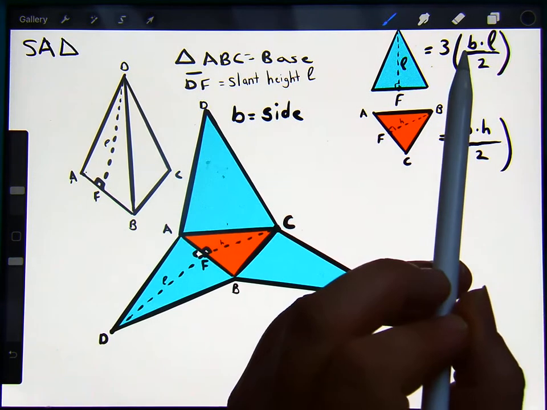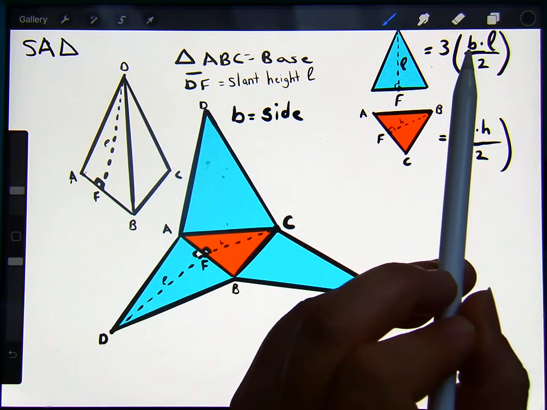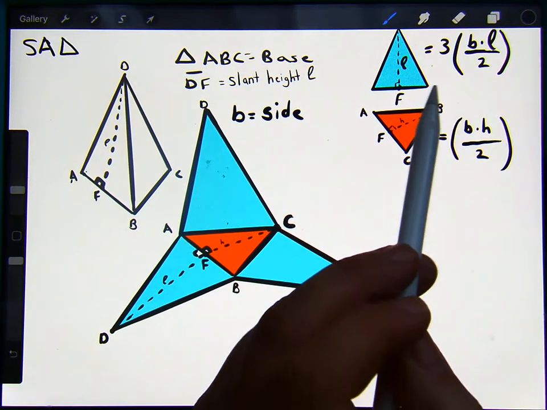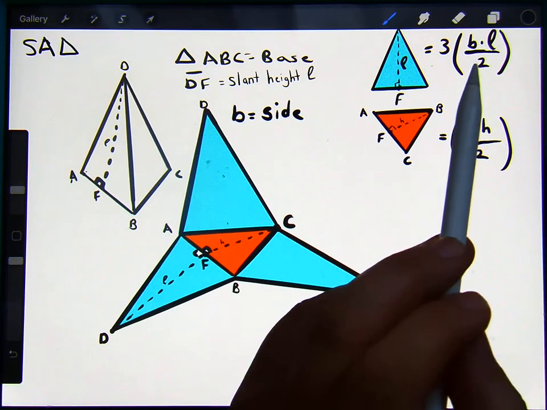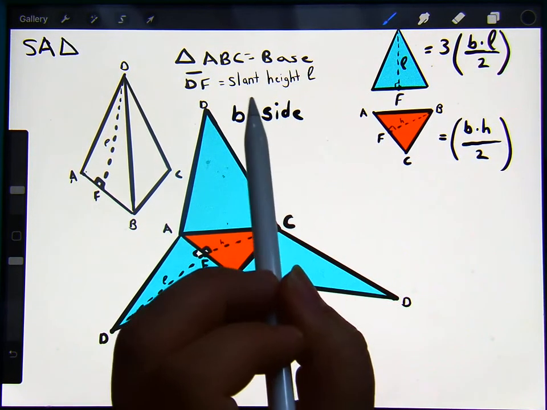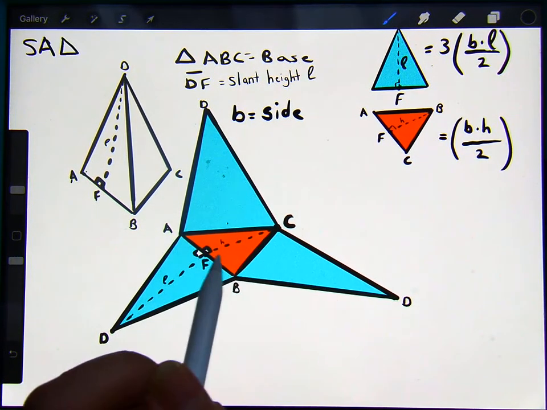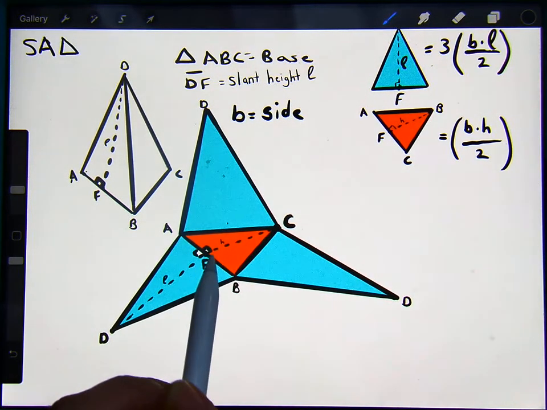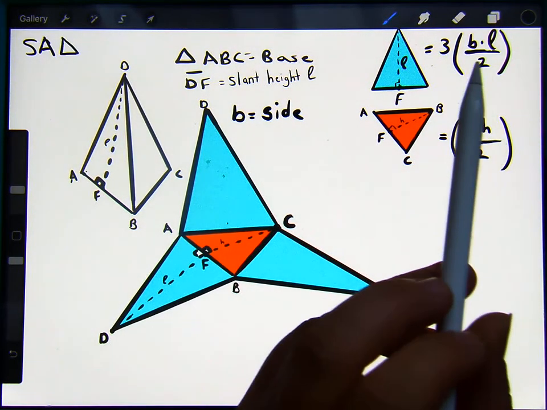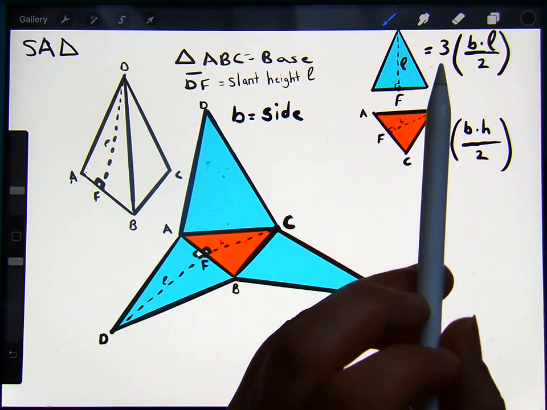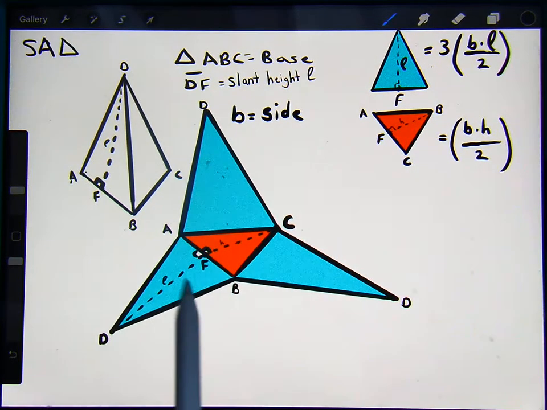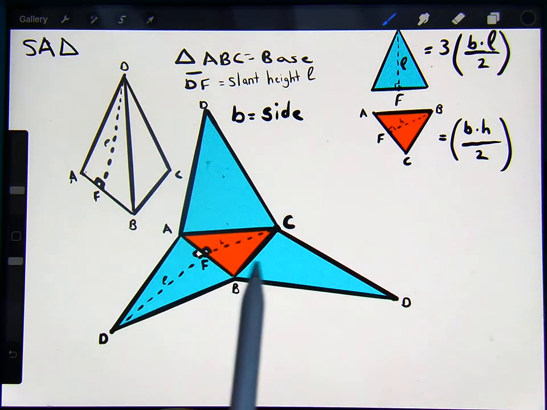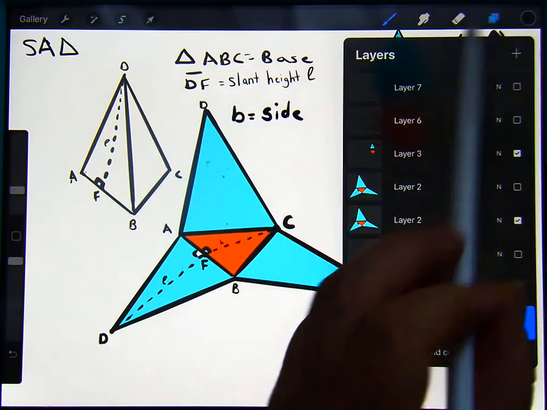These here are going to be very similar: you're going to have your base, which is the same base, but times your slant height, which is the height of those individual triangles, divided by 2. And then you're going to multiply it by 3, because that's the number of sides on the base, and that's how many triangles you have.